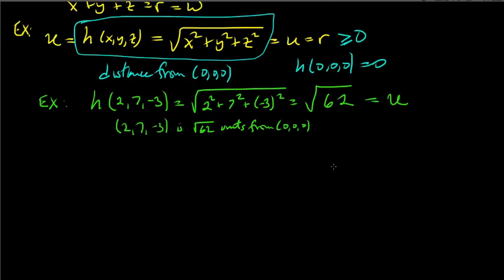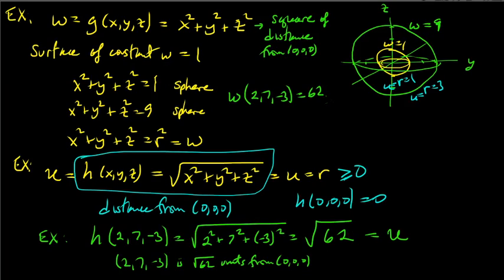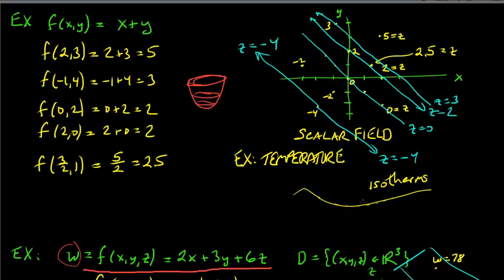Okay, so those are functions of 3 variables. I've been calling them isotherms. These surfaces here, the spheres, are more generally called level surfaces, because they're the surfaces of constant level, of constant w or u. Up here, when we did these lines, I called them isotherms, but that's in the special case of temperature. That's only if you're dealing with temperature.